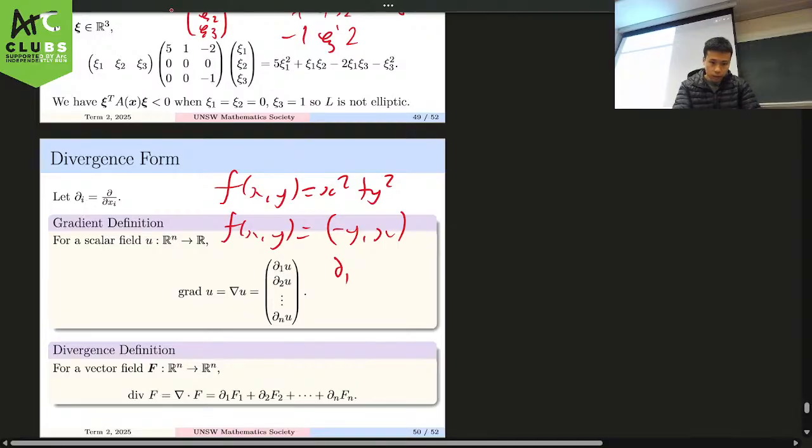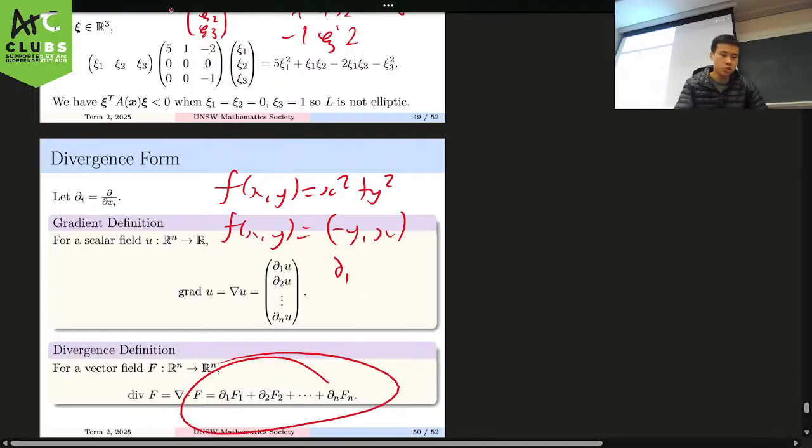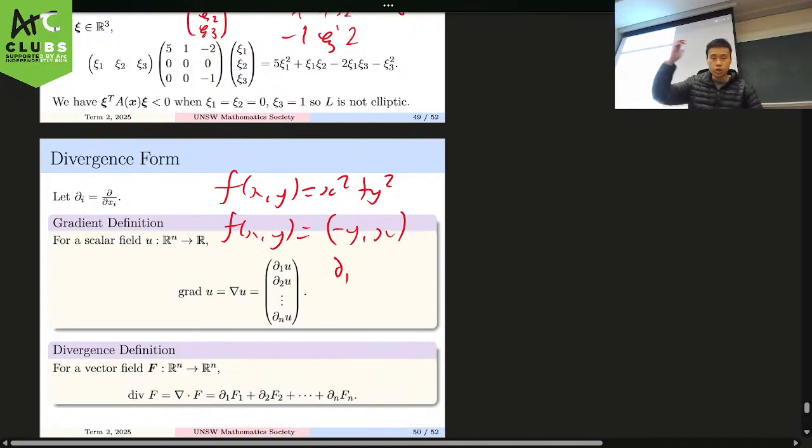In this example, I'd take the first component, maybe x, and differentiate it with respect to x, then take the second component and differentiate it with respect to y. That's how you define the divergence. You input a vector field, but you get out a number. It's not a vector field.